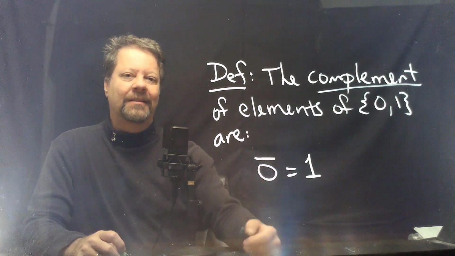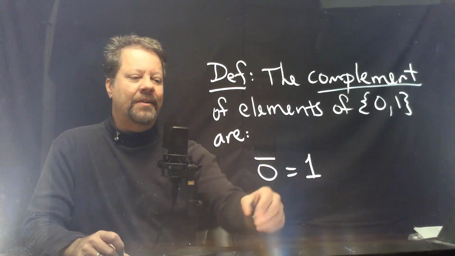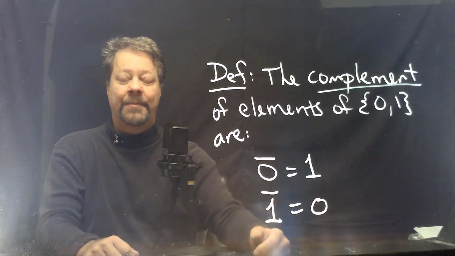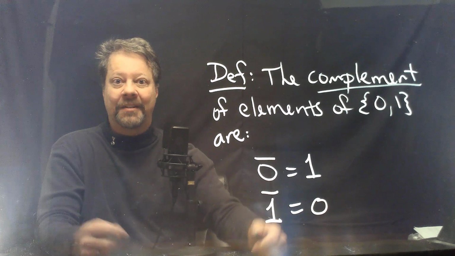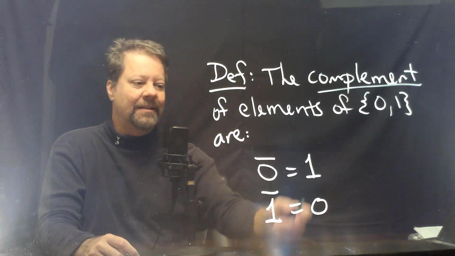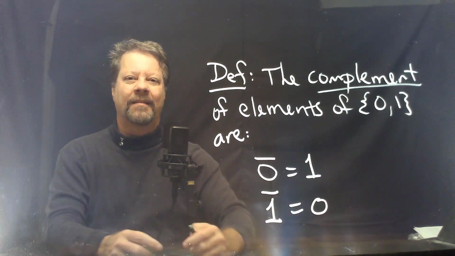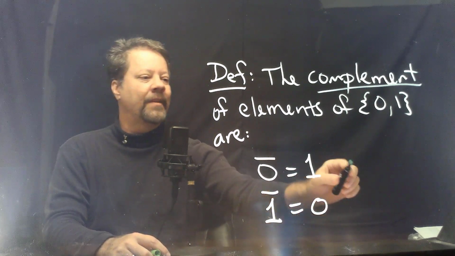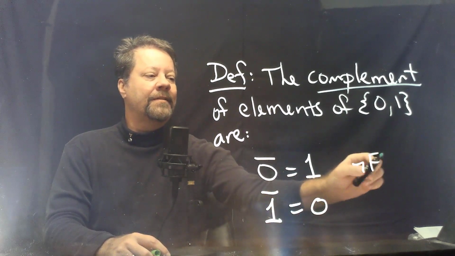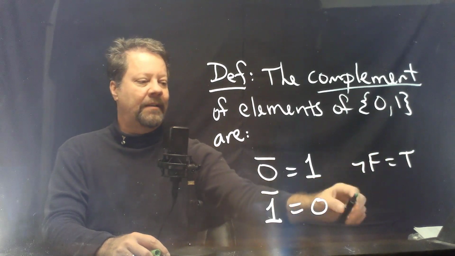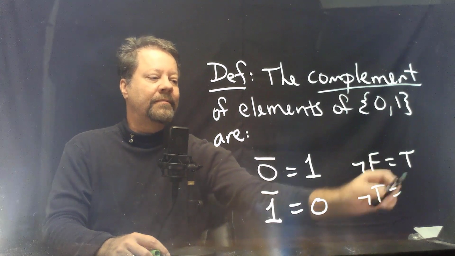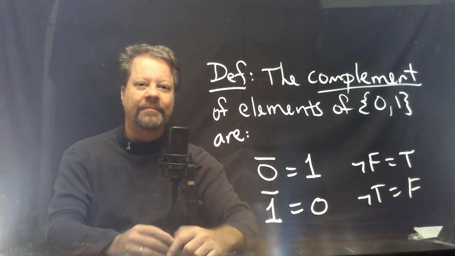The negation of false is true. The complement of 1 is 0. The negation of true is false. And that's literally how we're thinking about these two expressions. The complement of false is true. The negation of false is true. The negation of true is false.